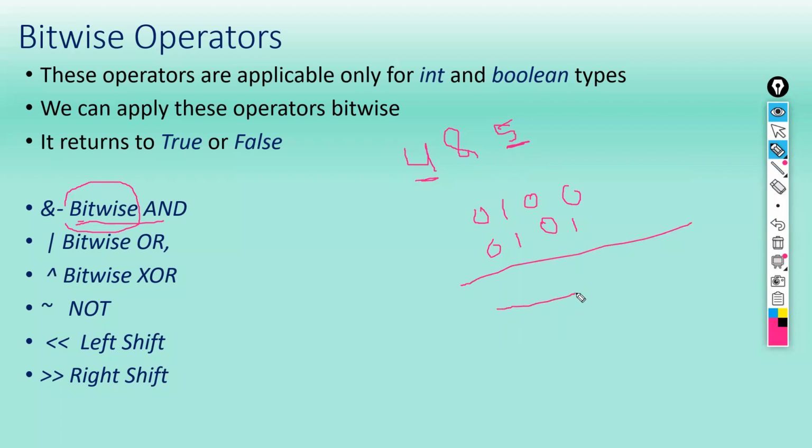What does the AND operator say? 1 into 0 equals 0. 0 into 1 equals 0. 0 into 0 equals 0. 1 into 1 equals 1. So we are doing the AND operation, which is a kind of multiplication. So 0 into 1 is 0, 0 into 0 is 0, 1 into 1 is 1. So what is the value? It's giving 4.